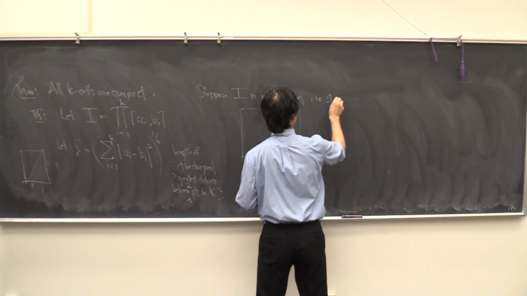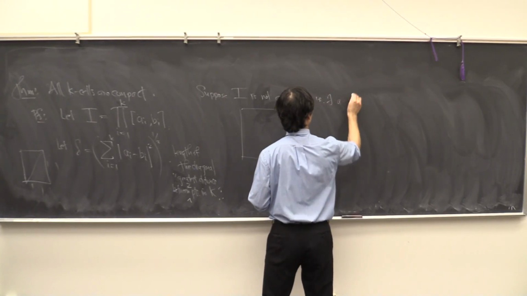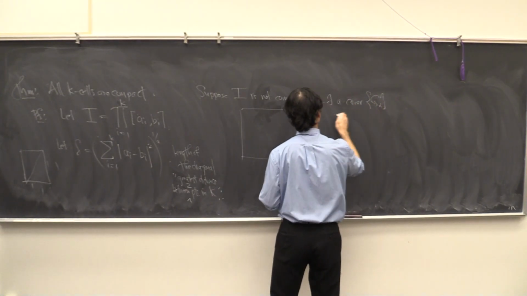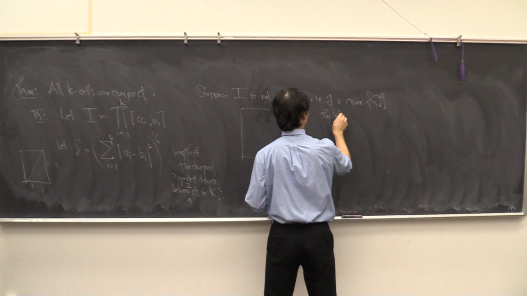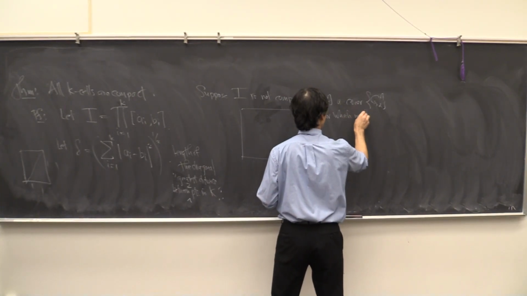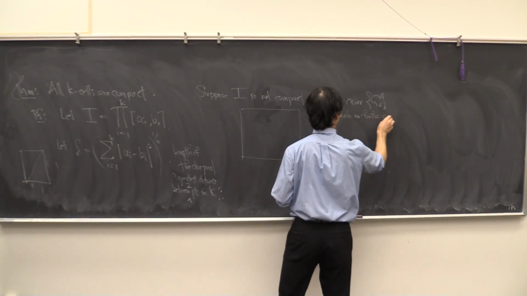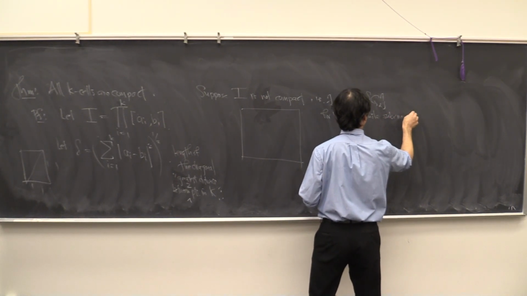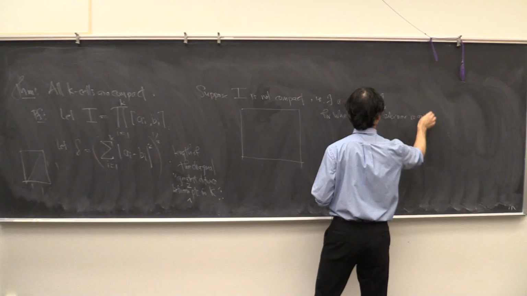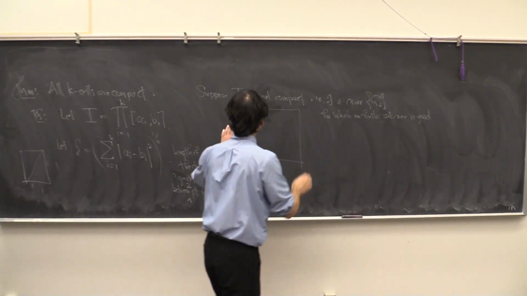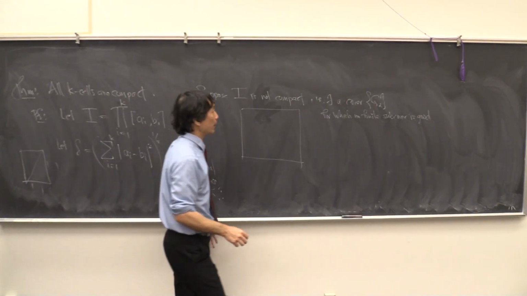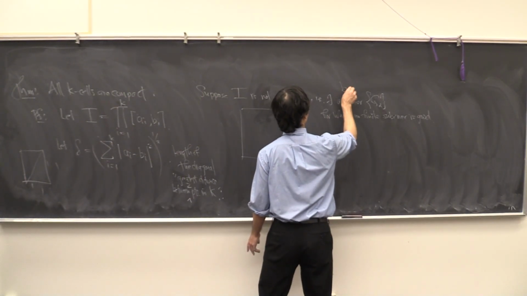I.e., there exists a cover G alpha, for which no finite subcover is given. No finite subcover is going to cover I. There exists a bad cover.